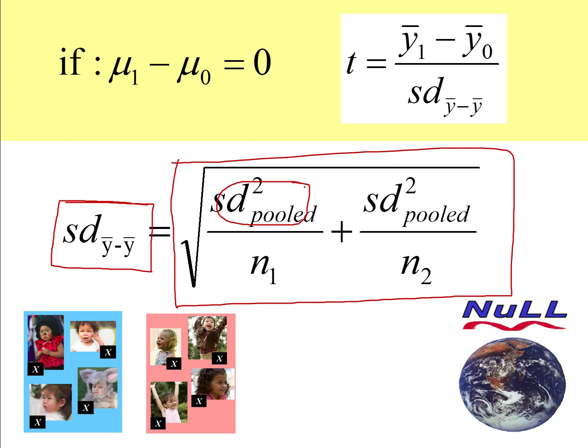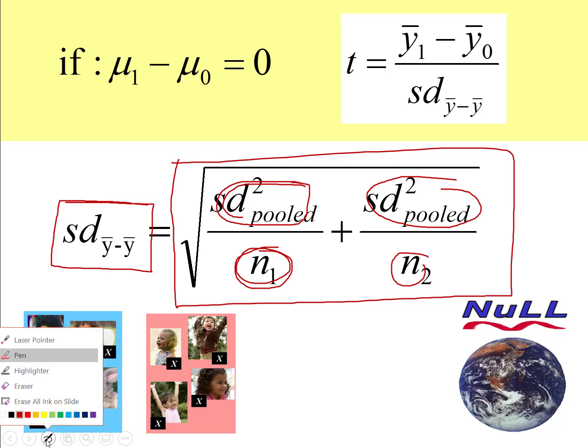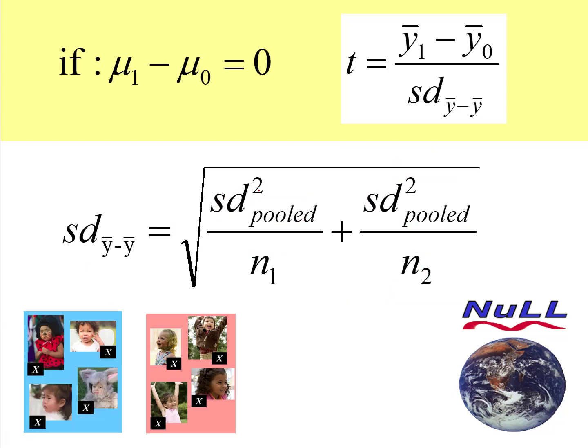And we're going to take this thing called a pooled variance and divide it by the sample size for group 1, and then take that same pooled variance and divide it by the sample size for group 2. So putting that all together, we take the pooled variance, divide it by sample size for group 1, and then we add to that the pooled variance divided by a sample size for group 2, and then we take the square root of all of that.